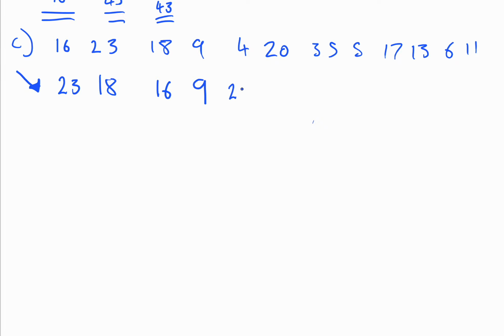So now my 4 is here. 4 and 35, do I swap? Yes. 4 and 5, do I swap? Yes. 4 and 17, do I swap? Yes. 4 and 13, do I swap? Yes. 4 and 6, do I swap? Yes. 4 and 11, do I swap? Yes. So you notice that it's taken this 4 and delivered it.